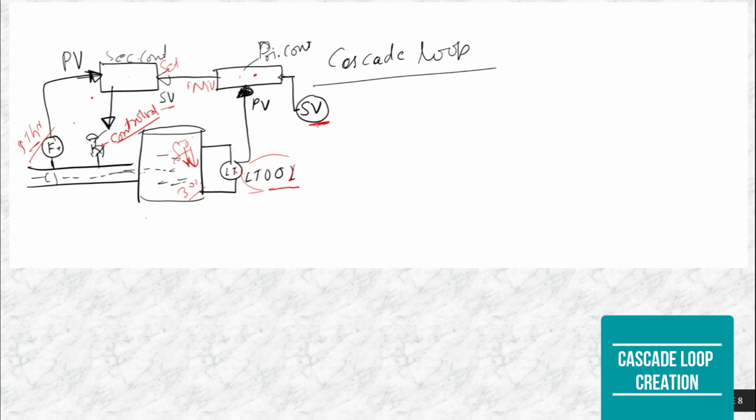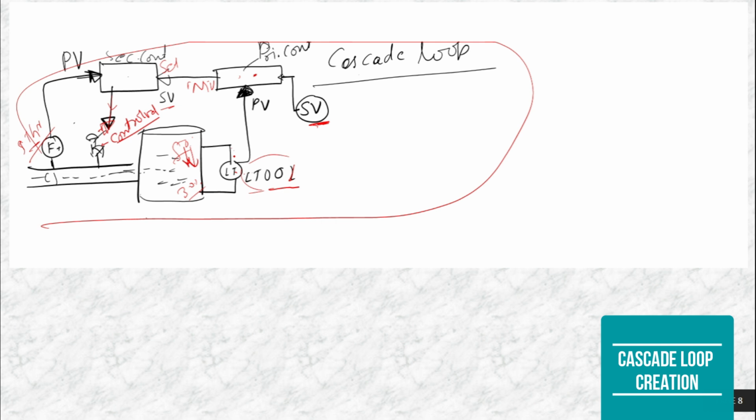How much we have to increase the flow is decided by the secondary controller, so that this level should be maintained. That is generated by the secondary controller. This is all about the cascade loop.